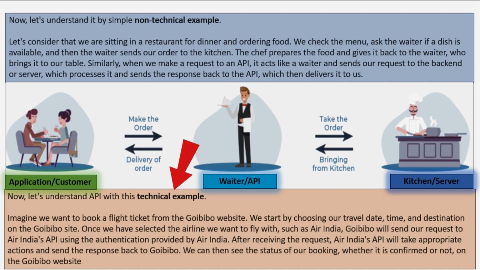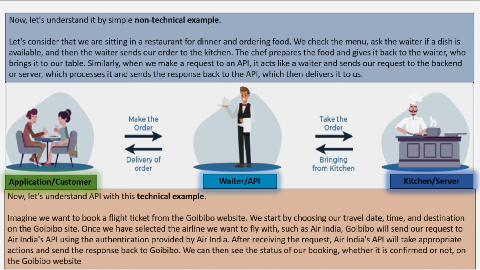Now let's understand the same thing with the technical example. Imagine we want to book a flight ticket from the GoIbibo website. We start by checking our travel date, time and destination on the GoIbibo site.